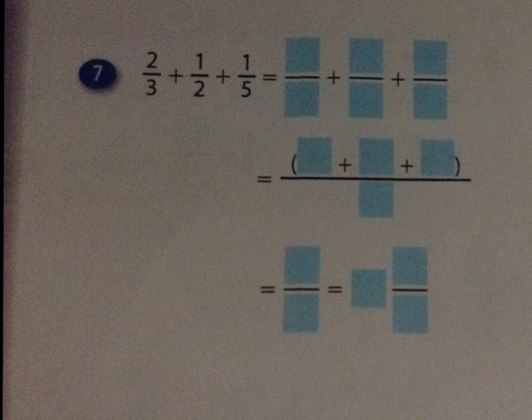Okay, number 7 is pretty much the same thing. You want to find your common denominator. With 3, 2, and 5, your common denominator would be, let's see, 15, 20, 25, 30. 30? Yeah, it'd be 30.